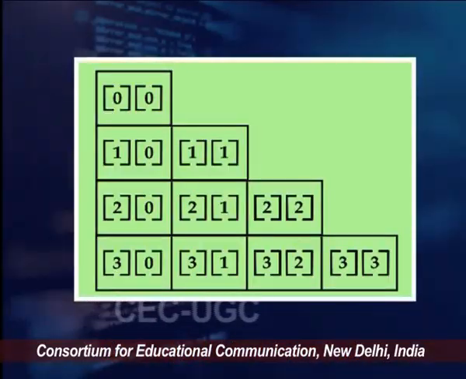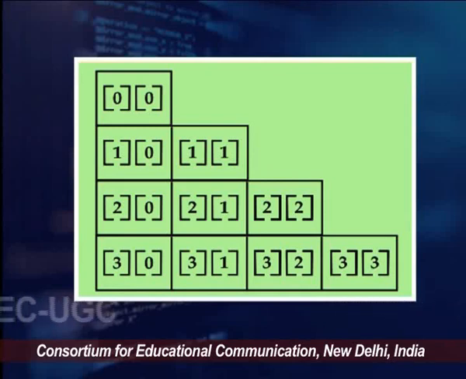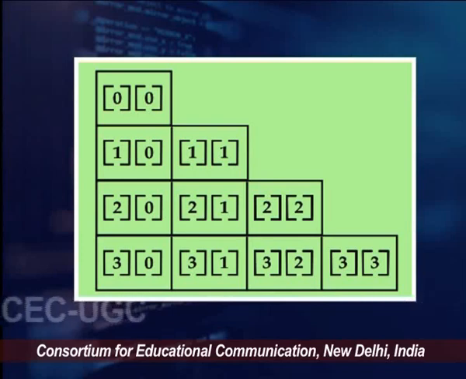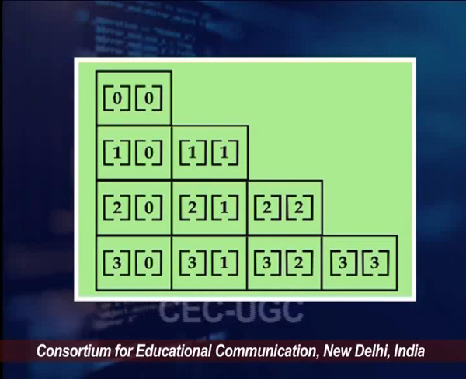To understand the concept, let us have a look at the screen. Here the first row has only one element, and that element has index 0, 0, the 0th row, 0th column, with no other element in this row. The next row, row number 1, has 2 elements, 0 and 1, and the index goes like 1, 0 and 1, 1.